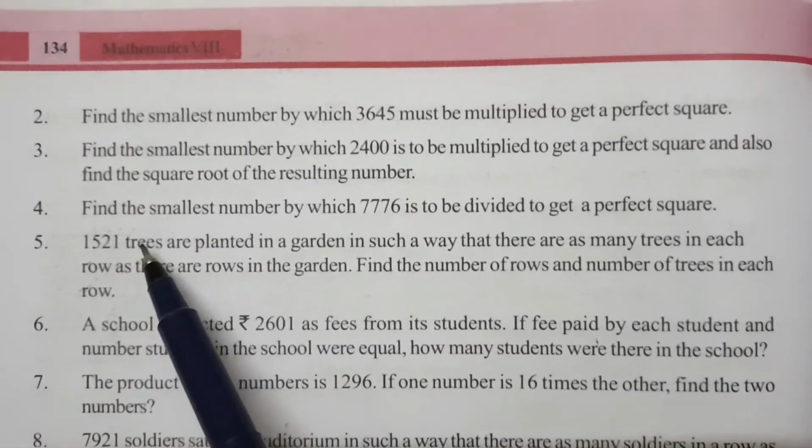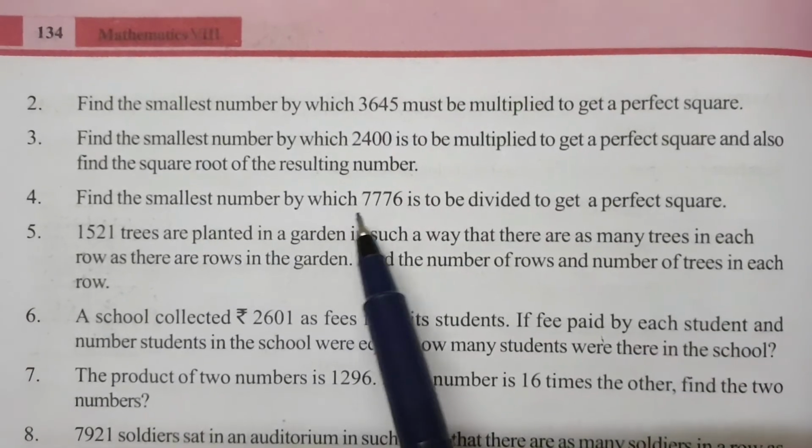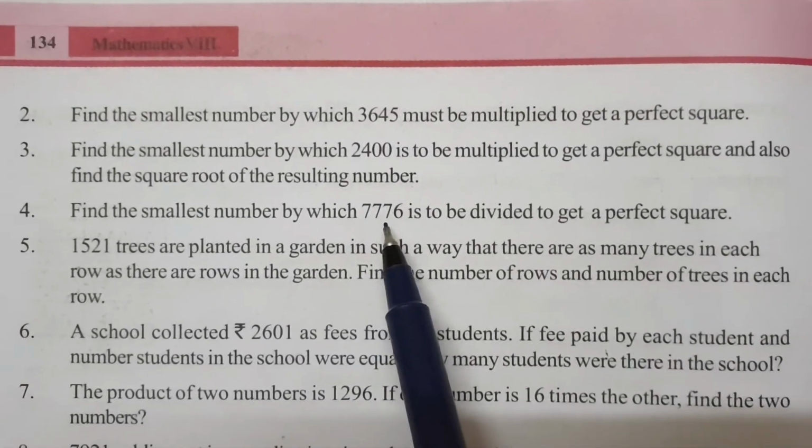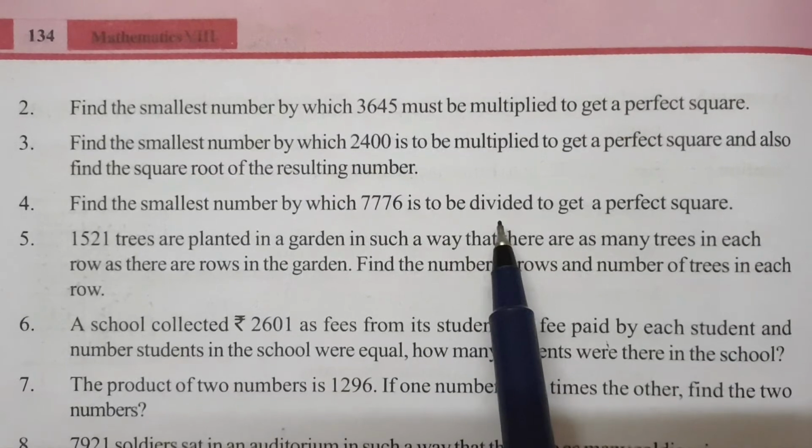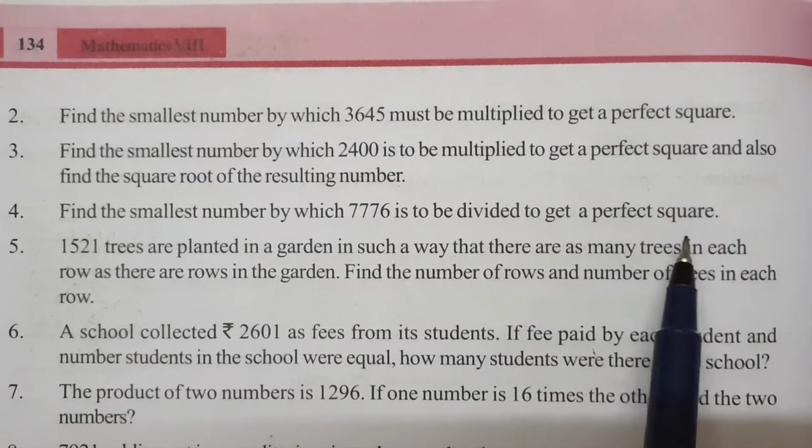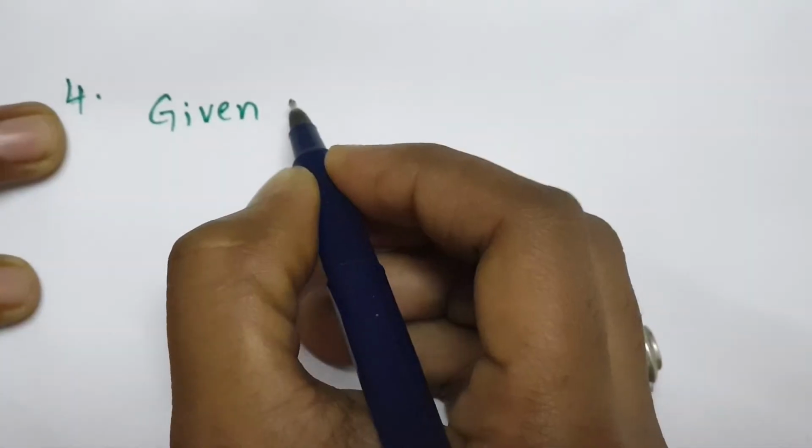Fourth question. Find the smallest number by which 7,776 is to be divided to get a perfect square. Answer: given number equal to 7,776.